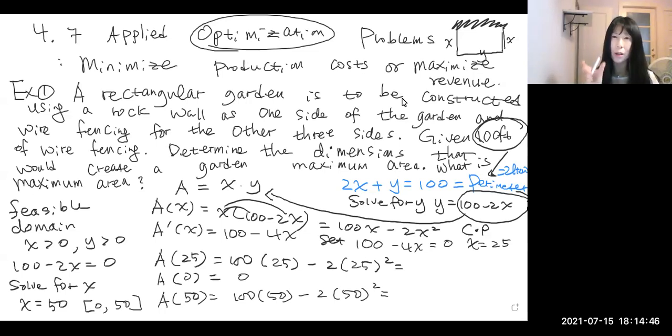So basically we have to do 3 things here. Oh no, I did the math wrong. Sorry, it is not negative, it's positive 1250. So A of 25 is 1250.